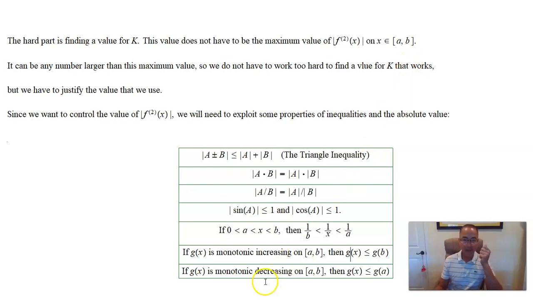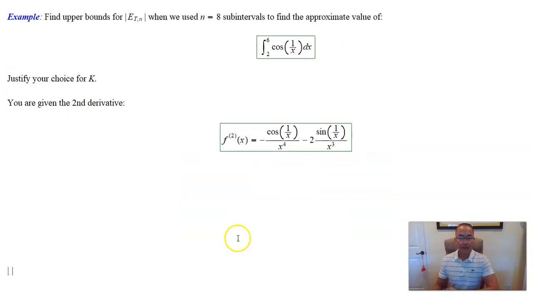And similarly, if you have a monotonic decreasing function, then the highest value will occur at the left endpoint. So your function is at most g at the left endpoint, a. So we're going to use these properties and, of course, general arithmetic in order to control the second derivative of our function. All right, here we go.